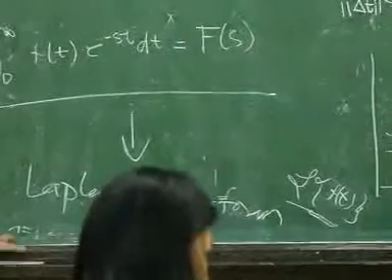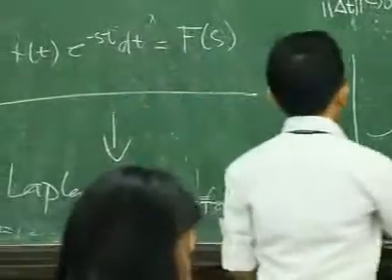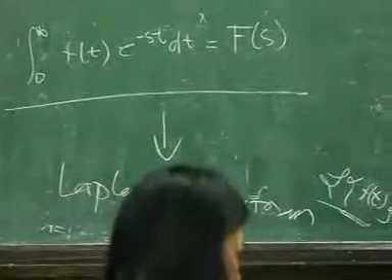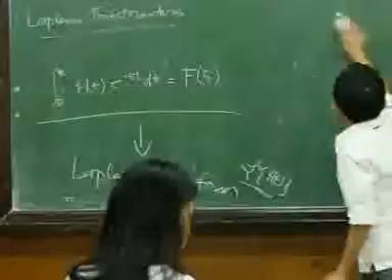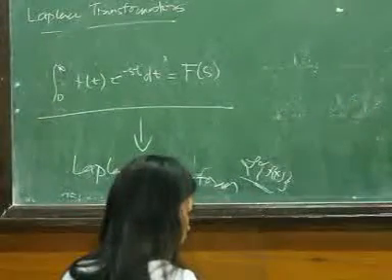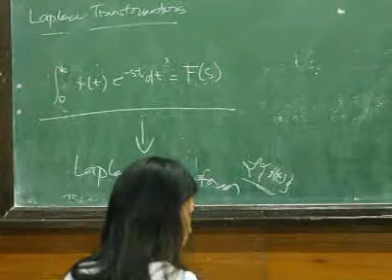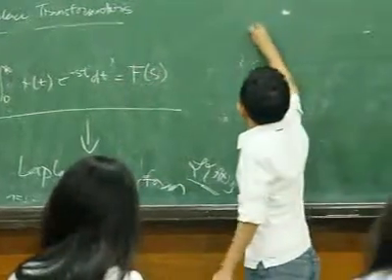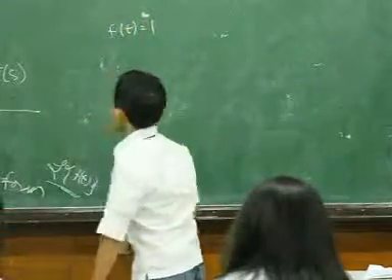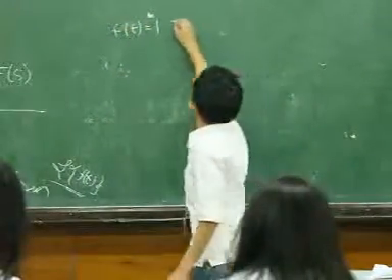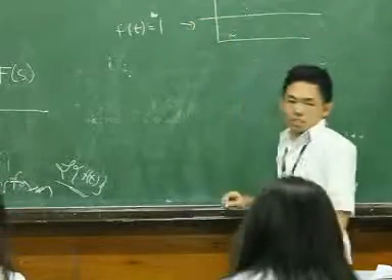Now let's try to use this equation to solve functions. So let's say you have a function f of t equals 1. The graph of this function basically is this, right?